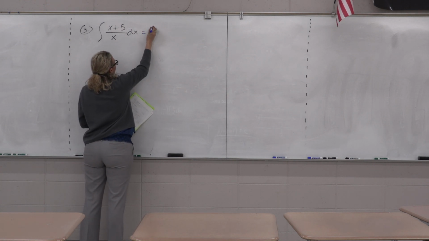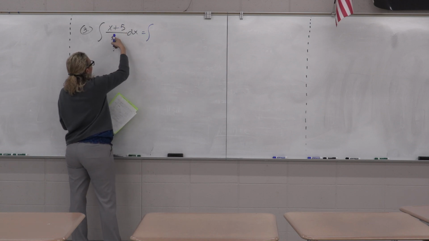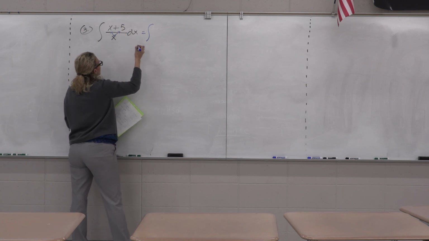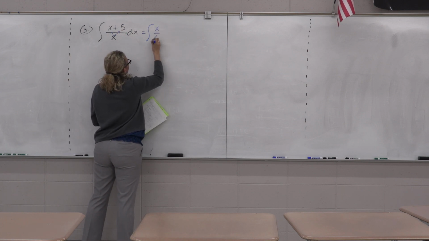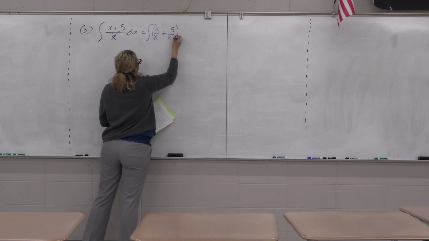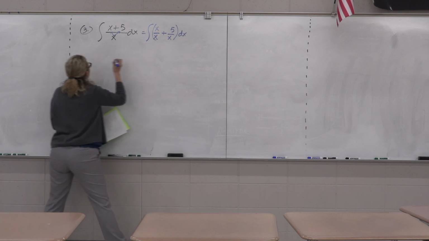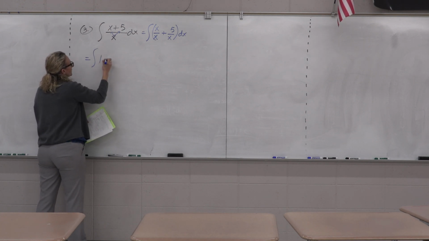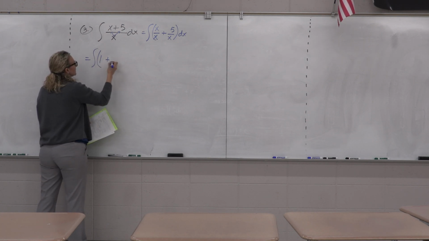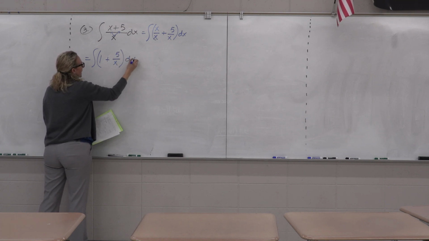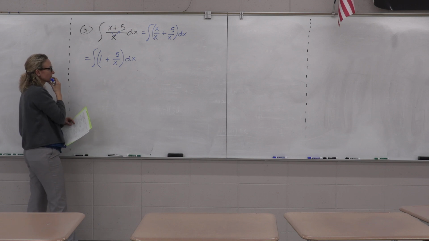So certainly this is legal because it's a binomial times x. I'm going to divide x into each term. So it's x divided by x plus 5 divided by x dx, which then simplifies to the integrand 1 plus 5 divided by x dx.